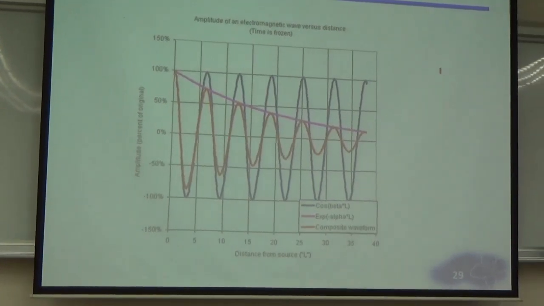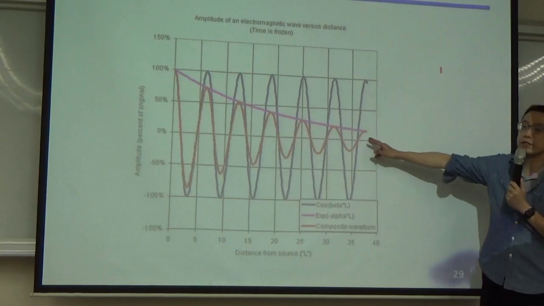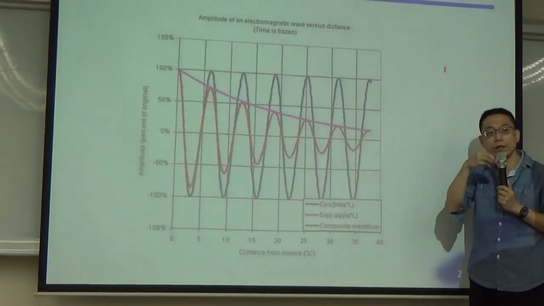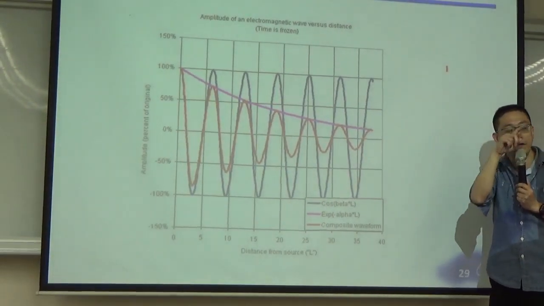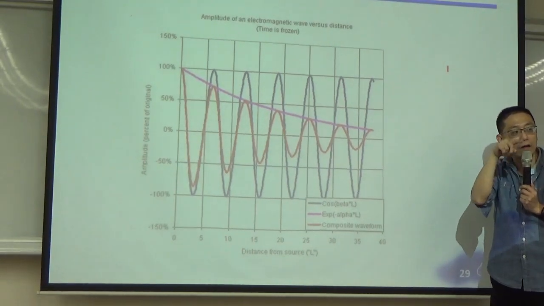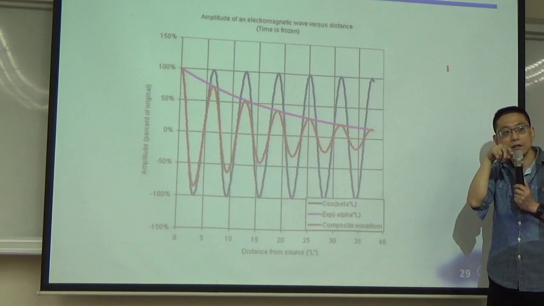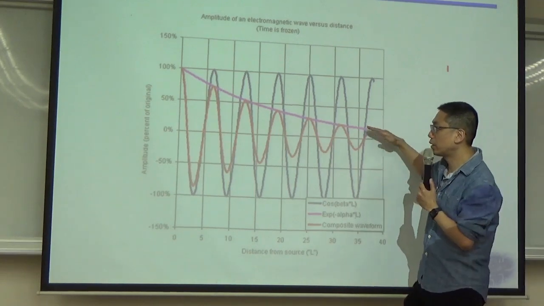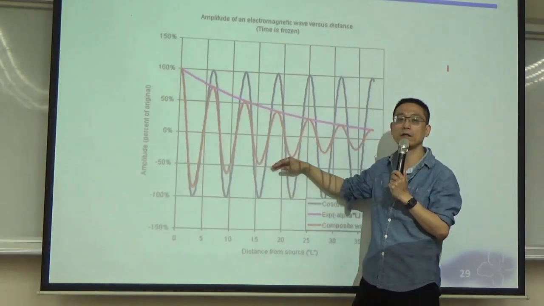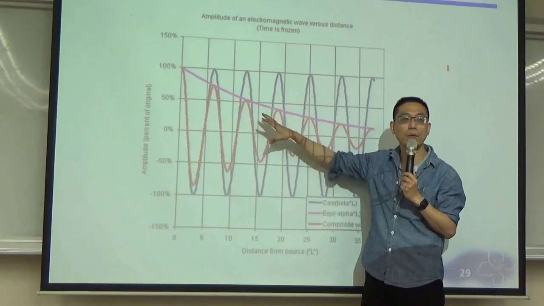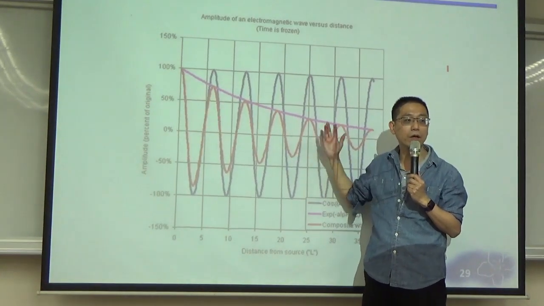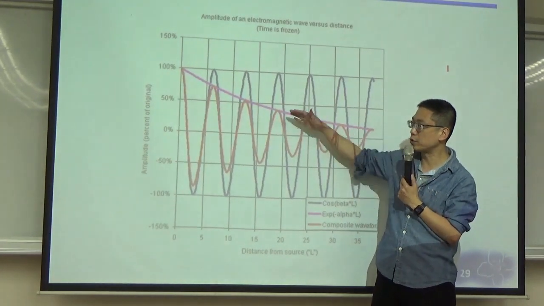Okay. So this picture is important to explain what alpha is. The alpha is the attenuation constant, which determines your attenuation, or how your wave decreases, and you can also refer to this picture.